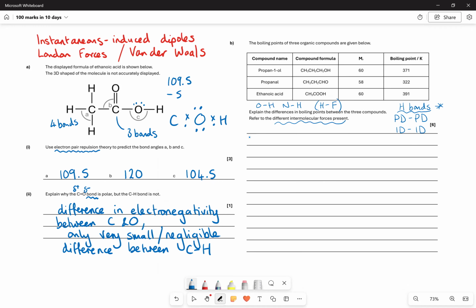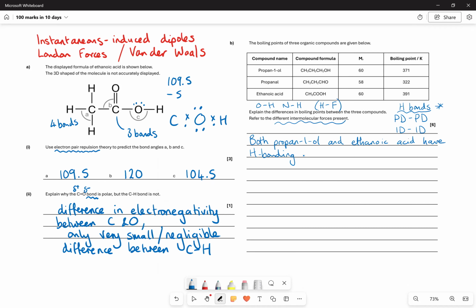Okay, so I'm going to go through and just list, if we look at this, we can see that both, I'm going to start from the top, start from the strongest forces. So both propanol and ethanoic acid have hydrogen bonding. I'm just going to write H bond.